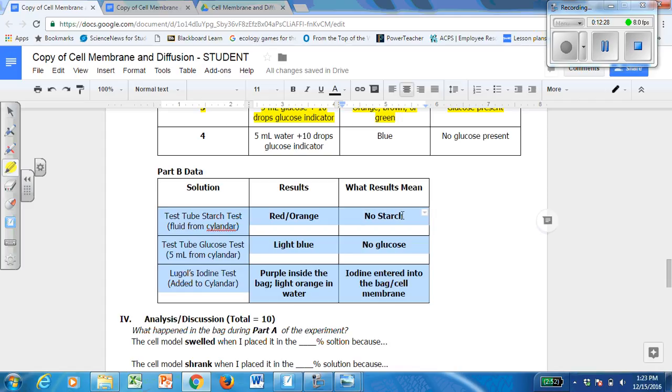Was everything able to get through? Well, based on our results, the only thing that was able to get through the bag was the iodine. Everything else was not. If starch and glucose wanted to get through the bag, they would need either larger holes or a tunnel like a transport protein, much like you needed to put a piece of string in the bubble in the bubble maker lab.